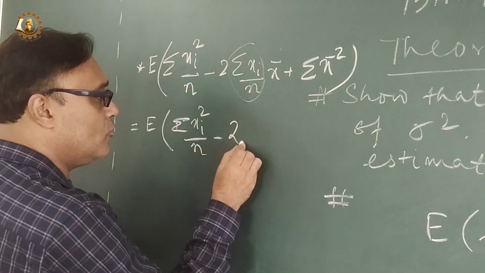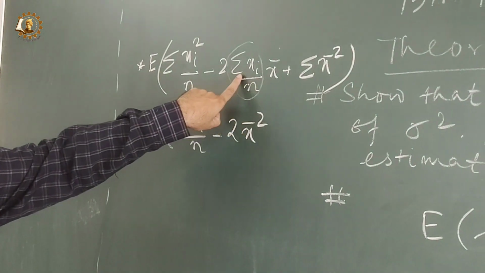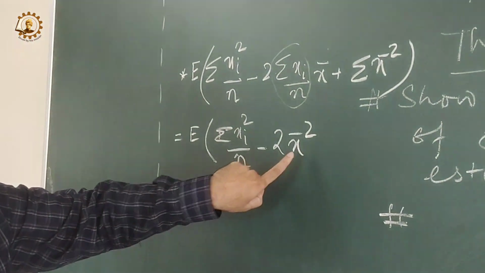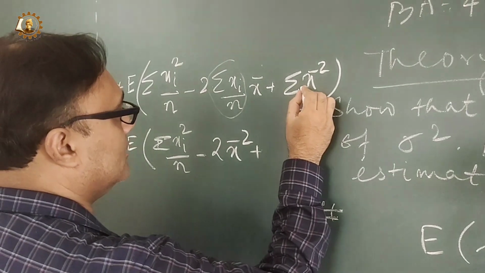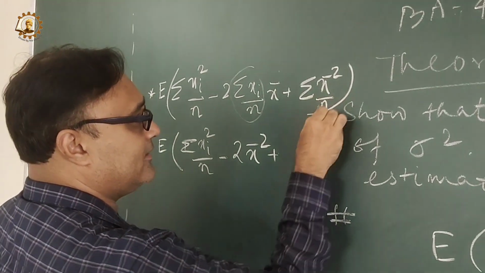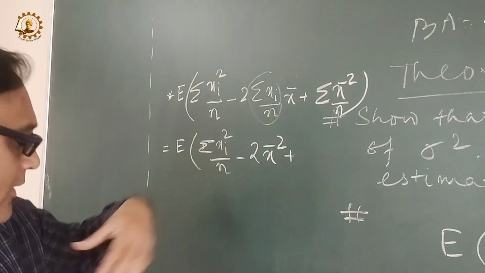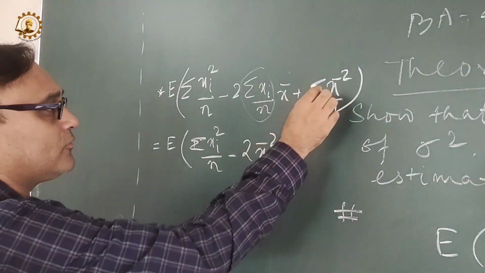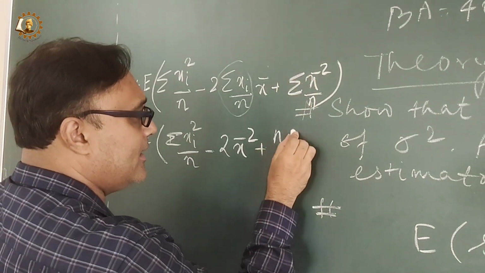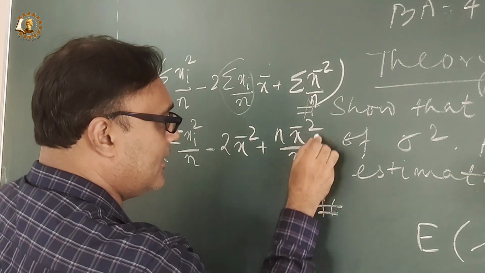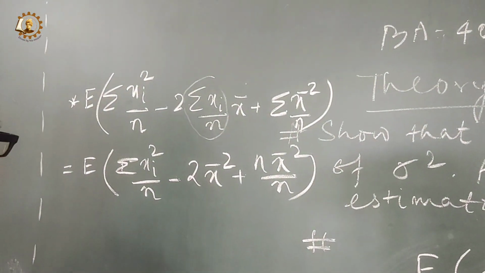So we can write here 2x bar square, because already there is 1 x bar into another x bar, so we are getting minus 2x bar square plus, oh, I missed out one. This n should be here because I am dividing all these terms by n. Now this is summation of x bar square, so this is a constant term and I am adding it up n times, so this will be n into x bar square divided by n.